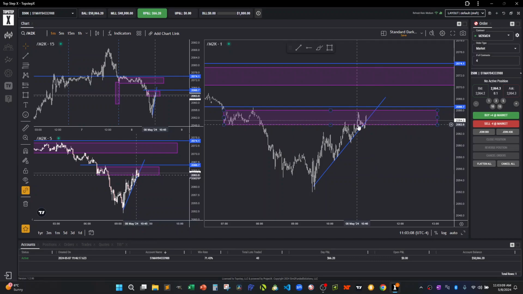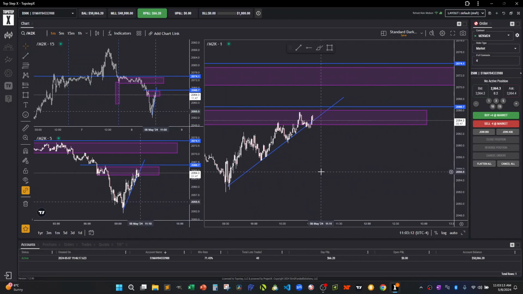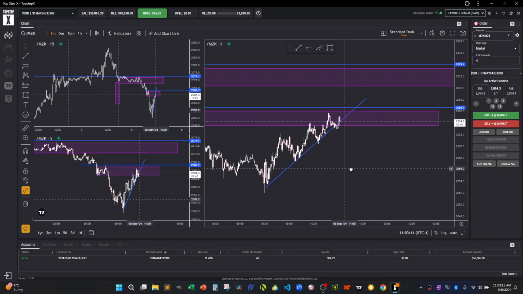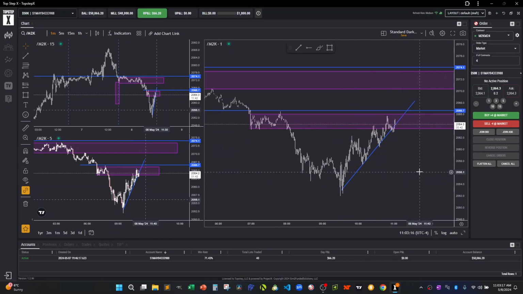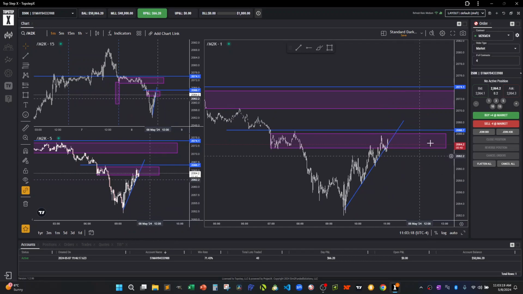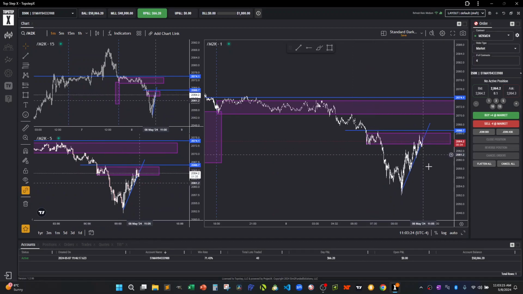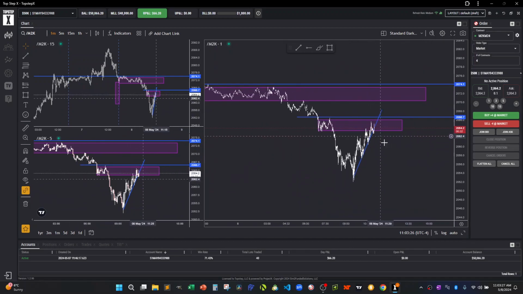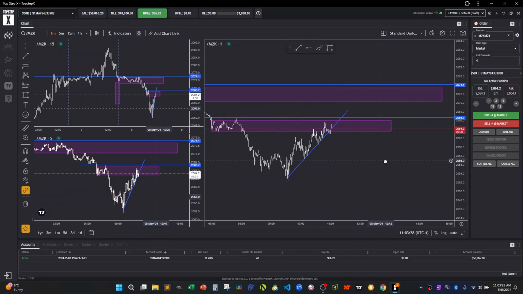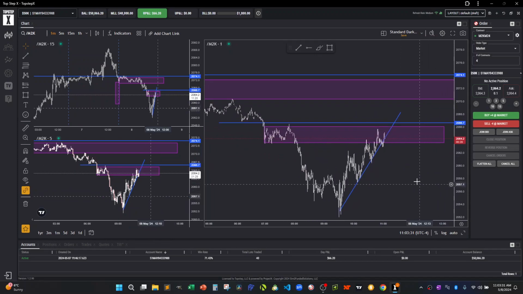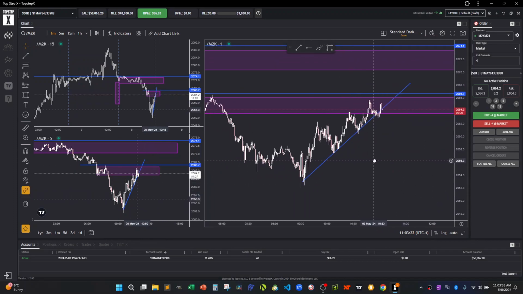If I'm sitting here waiting for crosses, waiting for signals, waiting for this type of candle, and waiting for all these different little things, I'm going to end up losing a lot more than I win, because I'm going to be late to get into the trade when I should have just assumed the entry, taken it, and I would have had double the gain, which at the end of the day, the name of the game is make more than you lose.